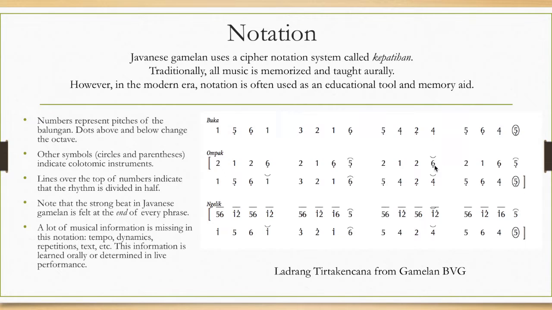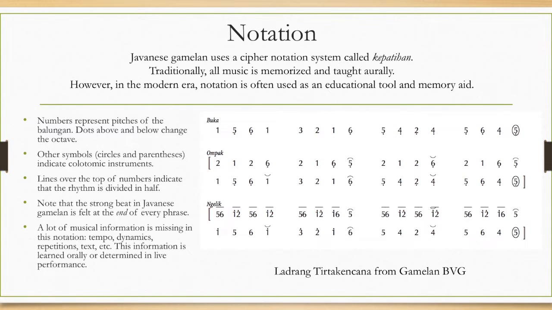As you can see, this musical notation is really stripped down. There's not a lot written down here, especially later once we listen to recordings of full Javanese Gamelan. It's a really complicated music. So we're missing information about tempo, dynamics or volume, and repetitions. How many times does each one of these sections occur?